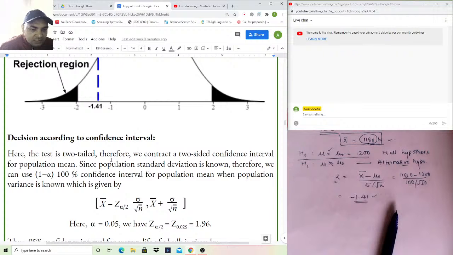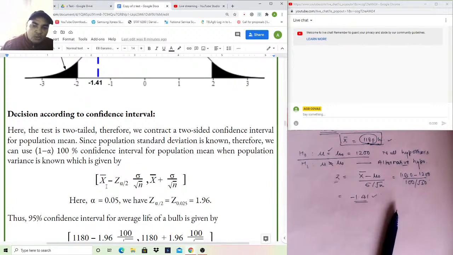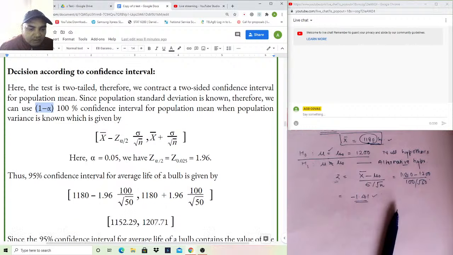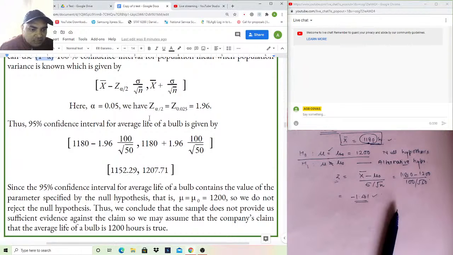Here the test is two-tailed, therefore we construct a two-sided confidence interval for the population mean. Since the population standard deviation is known, we can use the 1 minus alpha into 100% confidence interval. Alpha is nothing but the type 1 error. This will be your acceptance region. It means, what will be the span of this value?